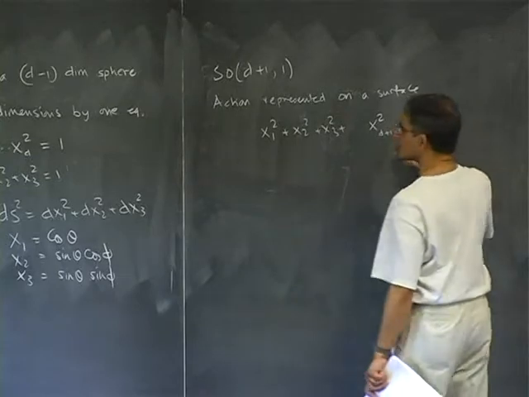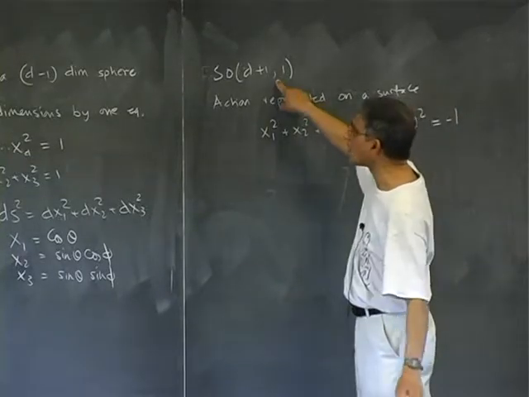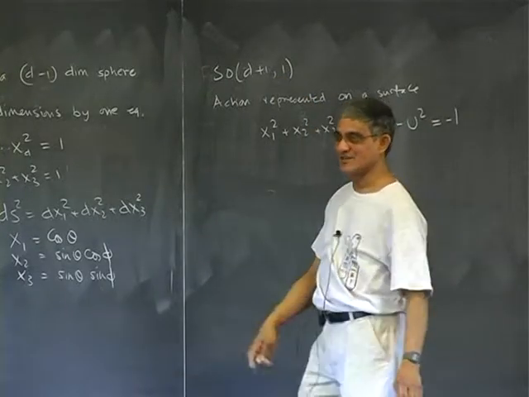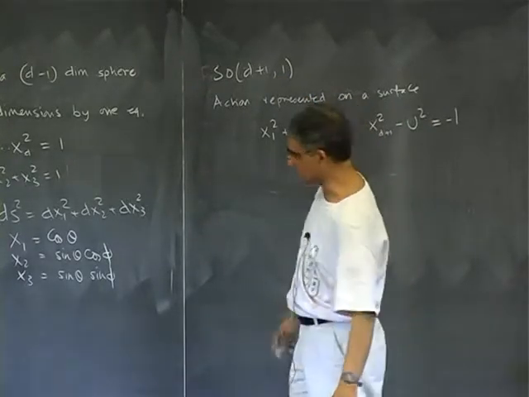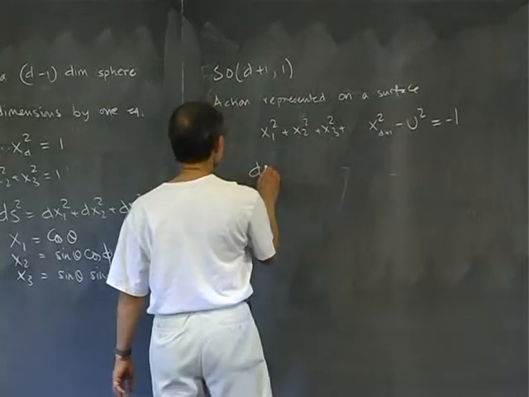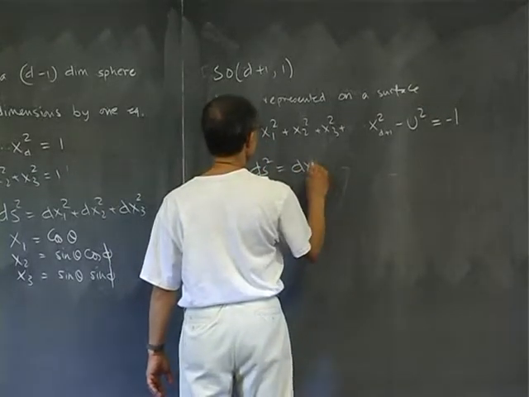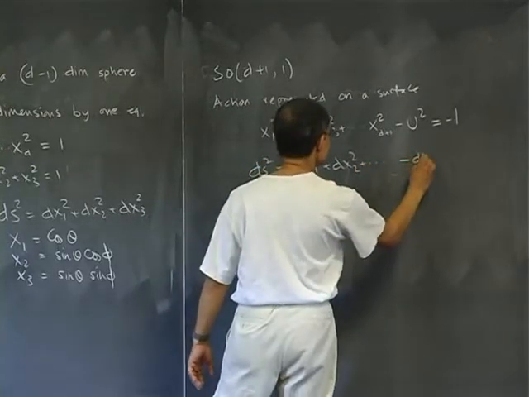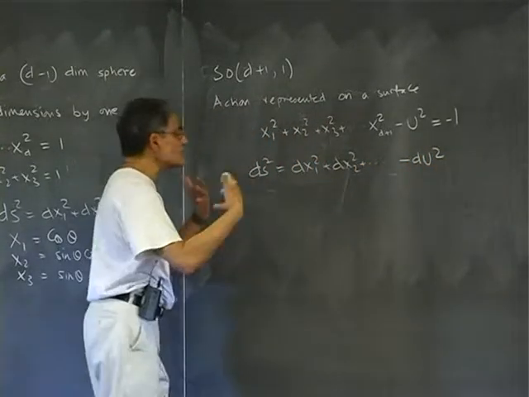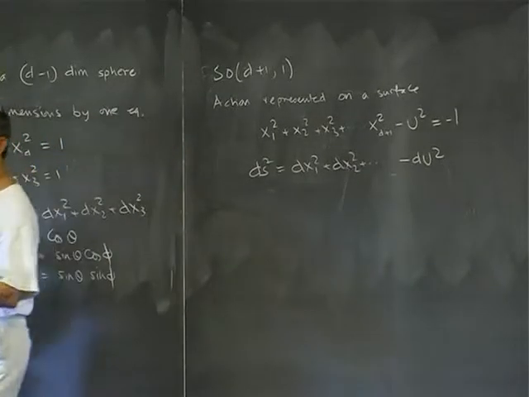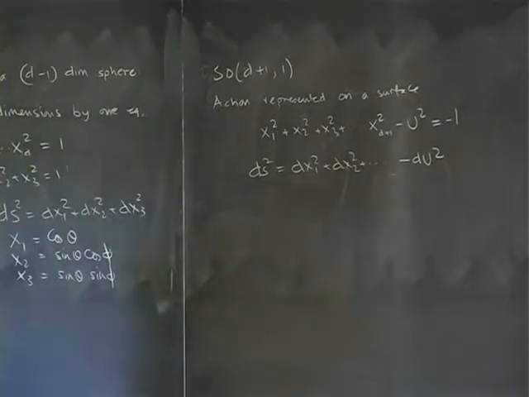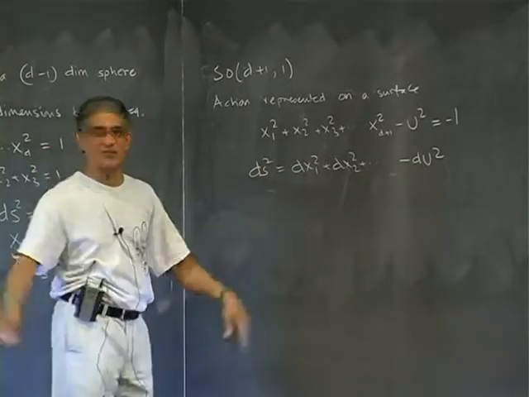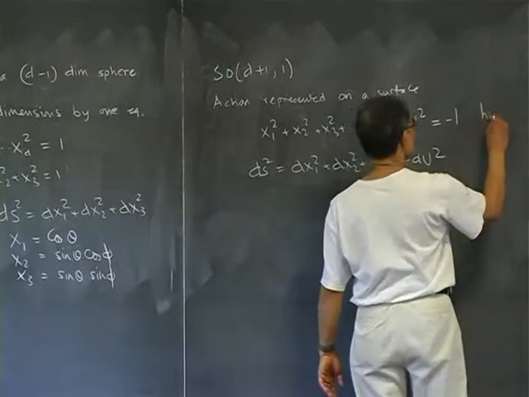This minus sign carries the signature of the comma 1, as we just showed, that there had got to be a minus sign in the distance which we were considering. And then if you write the metric as dx1 square plus dx2 square plus and so on, minus du square, this is going to give you the distance between two infinitesimally close points on the surface defined by this. A generic name for such a surface is a hyperboloid.